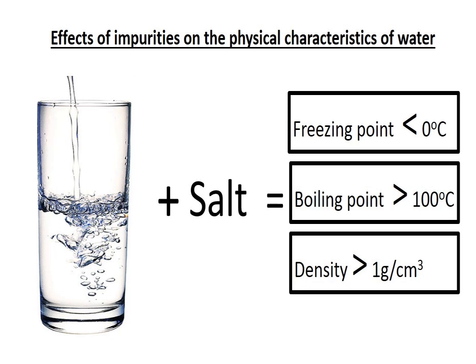What is the effect of impurities on the physical characteristic of water? For example, when salt is added to the water as an impurity, the freezing point will be lower than 0 degrees Celsius, the boiling point will be more than 100 degrees Celsius, and the density will be more than 1 gram over centimeter cube.